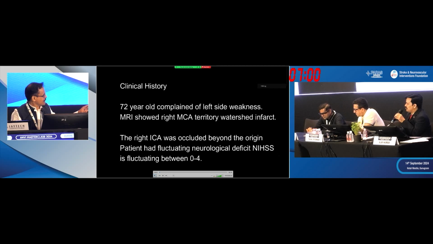I just wanted to add one thing for the residents and newcomers. This case was very beautifully done by Dr. Vipul, which is very much expected. But the use of implants in the carotid system has to be done very cautiously. You might not have focused on that: Dr. Vipul never took the implants out of the catheter.